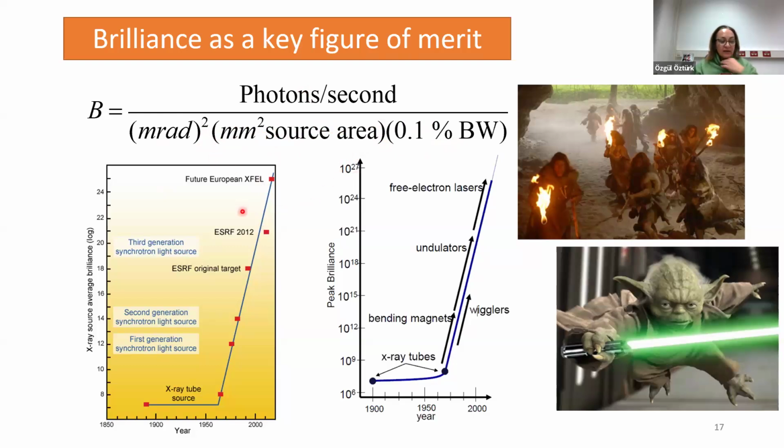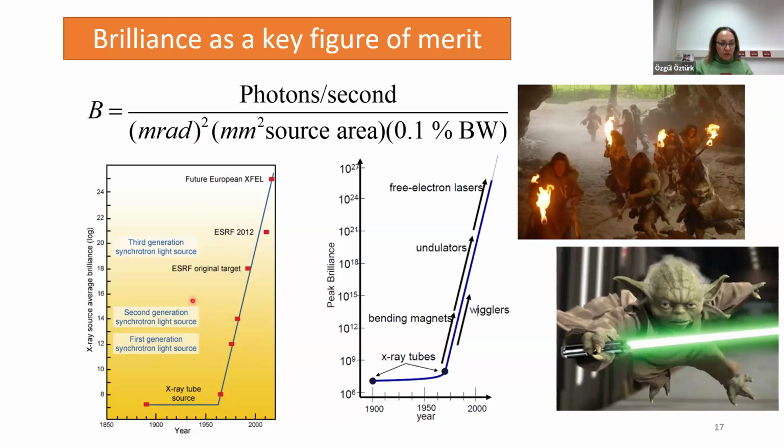What this means is that a source is brilliant if it delivers many photons that are tightly collimated, come from a small source, and are spectrally narrow. This is why brilliance is much more meaningful than raw flux when we care about coherence and focusing, for example, in SAXS or coherent imaging.